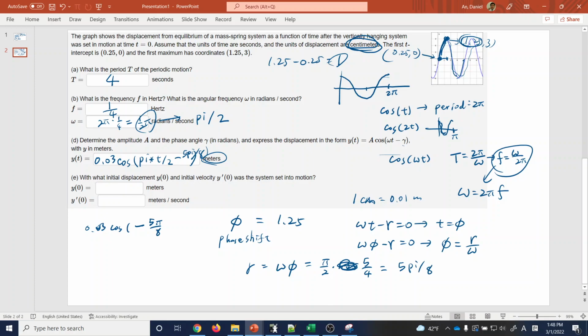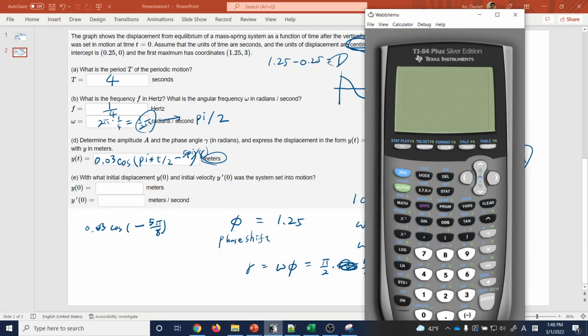And I guess you really need to plug these numbers into the calculator. So let's just try it. We need 0.03. Make sure your calculator is in radian mode because all these numbers are radians, right? And then you have cosine. Oh, I should have put multiplication.